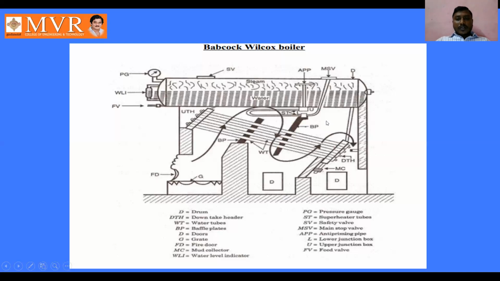MSV means the main stop valve, and APP means the anti-priming pipe, and here we have a lower junction box, and here we have an upper junction box. FV is the feed valve. These are the components of the Babcock Wilcox boiler. By using these different components, we are going to construct this Babcock Wilcox boiler.